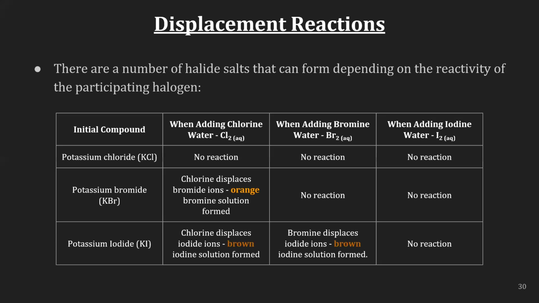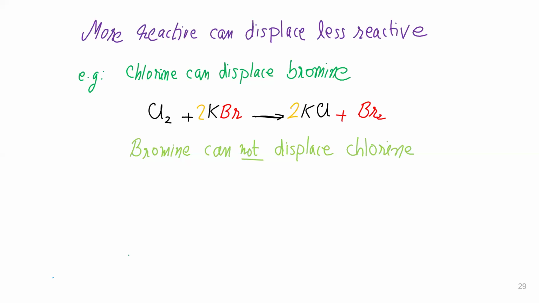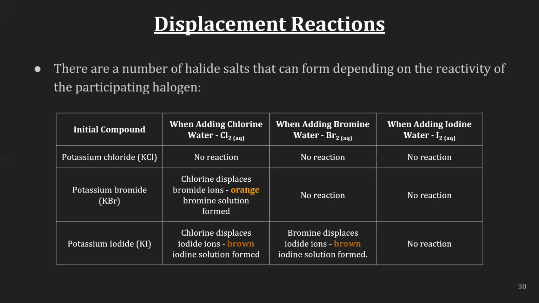Look at this. Potassium chloride, look at the case, no reaction. Then potassium bromide, no reaction. Remember, more reactive can displace less reactive. Now look at this table: potassium chloride, no reaction with chlorine because it's the same chlorine.